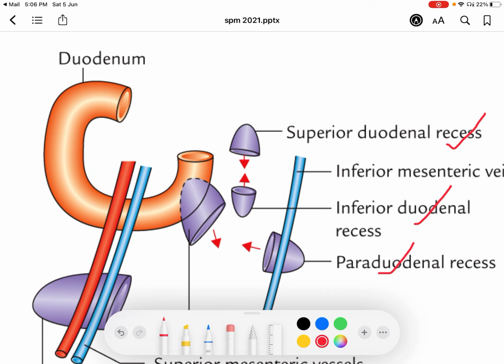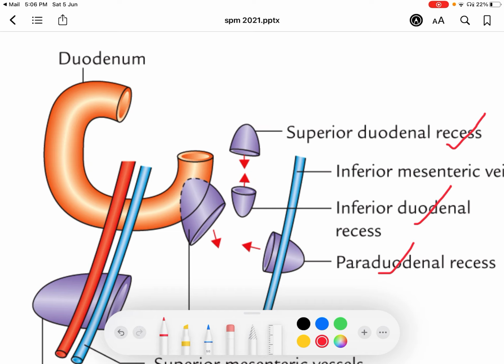Now we can see the location of these recesses. The superior duodenal recess lies to the left, at the upper end of the fourth part of the duodenum, behind the superior duodenal peritoneal fold.